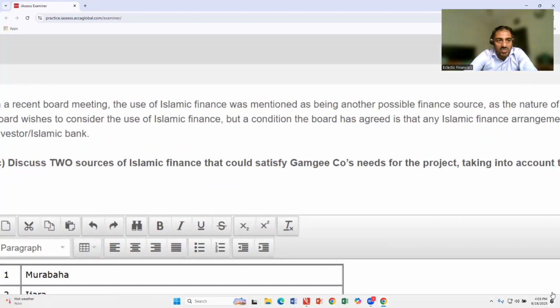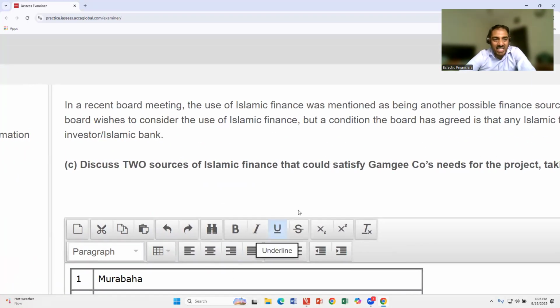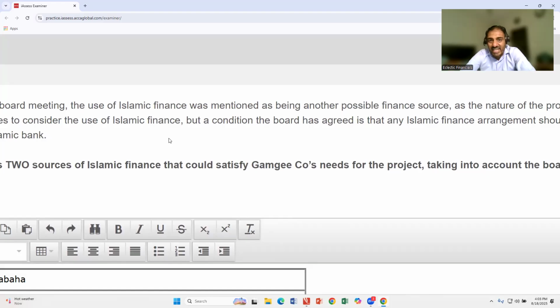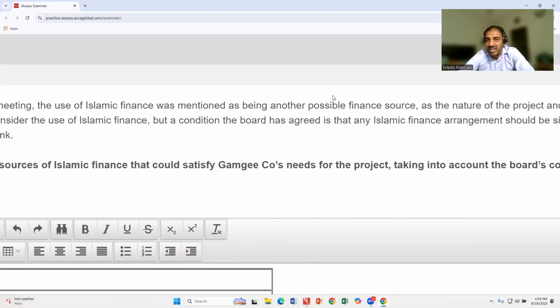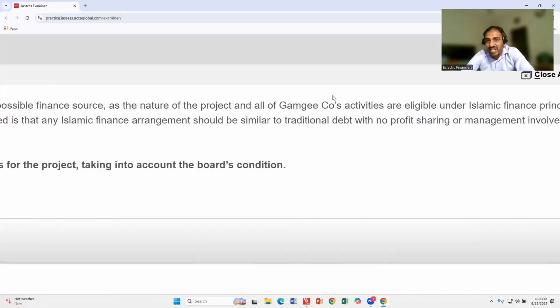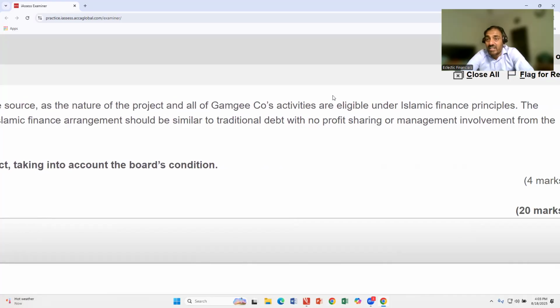Very specifically, you need to observe: in a recent board meeting, the use of Islamic finance was mentioned as another possible finance source, as the nature of the project and all the Gemgee company activities are eligible for Islamic finance principles.